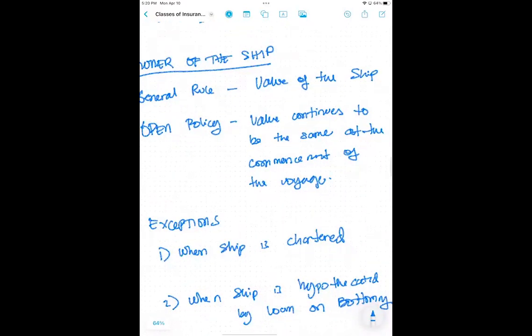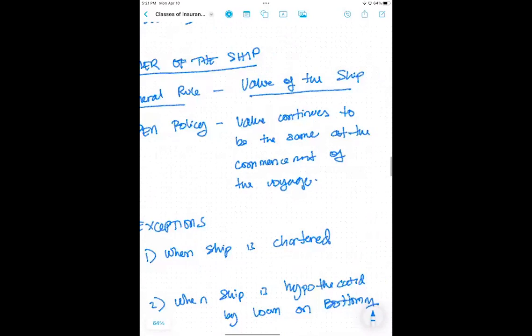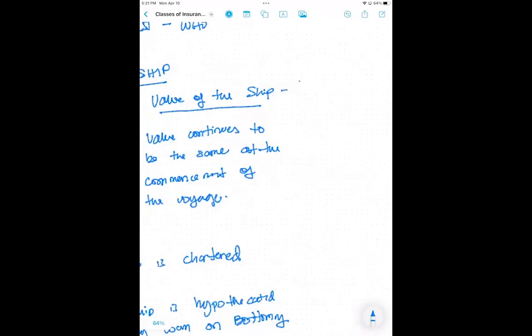And as a general rule, the extent of the insurable interest is up to the value of the ship. Let's say, for example, the ship is 20 million pesos. So this is the amount that the owner of the ship may insure the same ship.